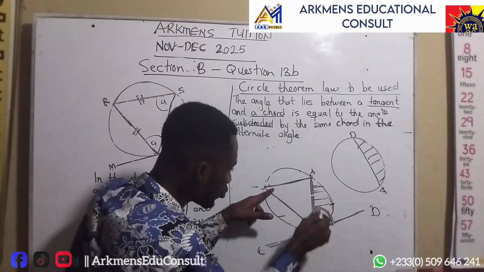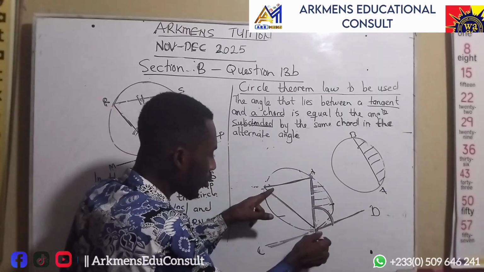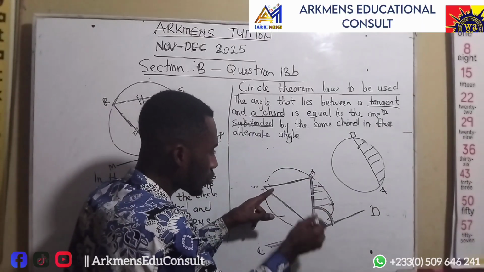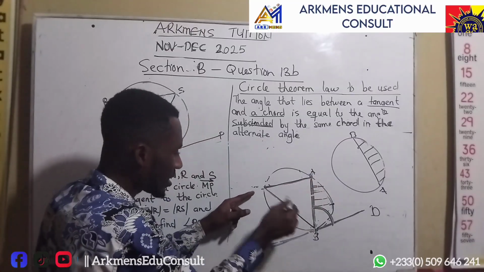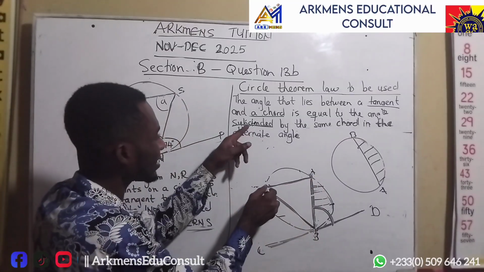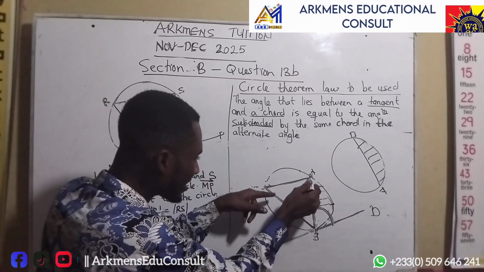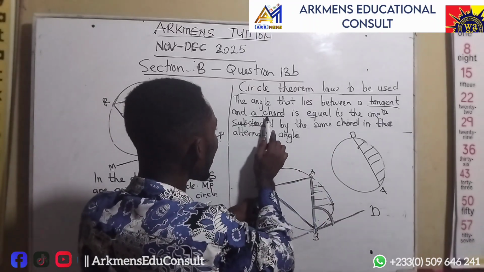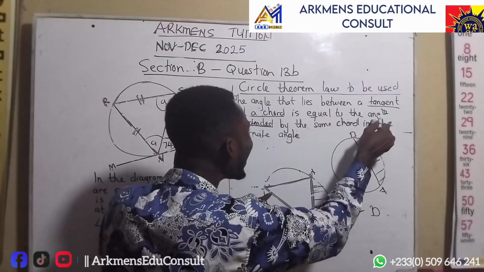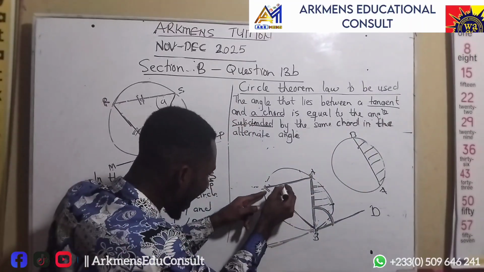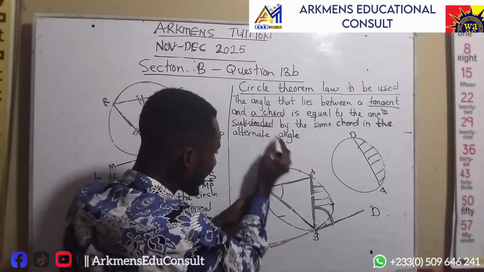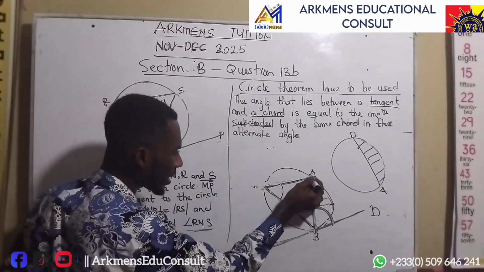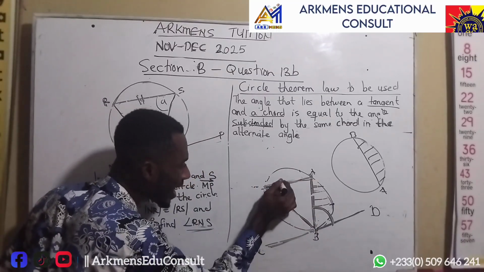And this is the chord, I've told you already. The two points, when a line is drawn, the points that fall on the circumference give the chord. So when I stretch it for them to meet, that is what they term as subtended by the same chord. It says that the angle is equal to the angle subtended, stretched by the same chord. So when I stretch this chord, it forms an angle over here.